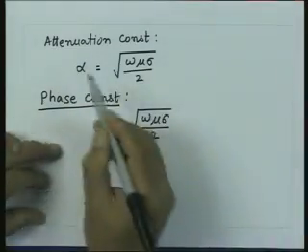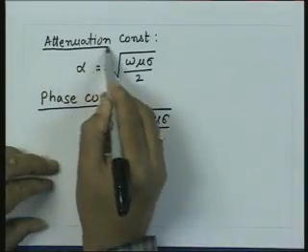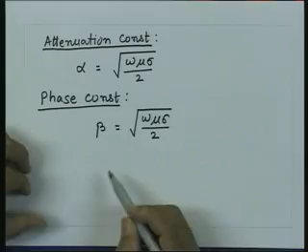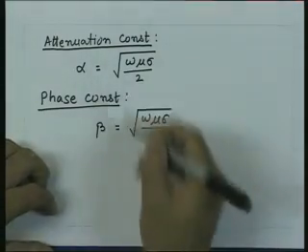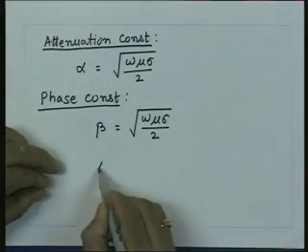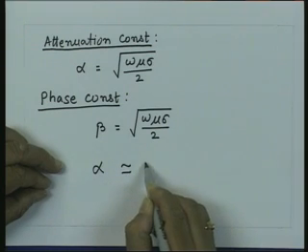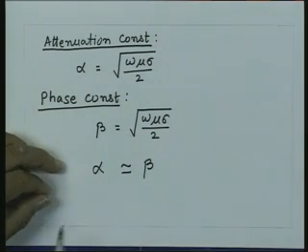That is, for this medium the attenuation constant alpha and the phase constant beta are almost equal. So we have alpha almost equal to beta.